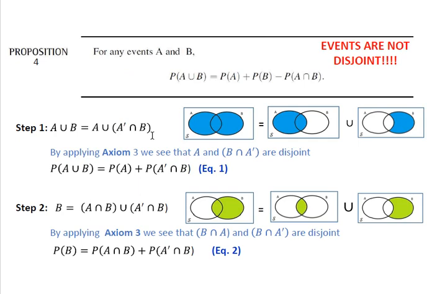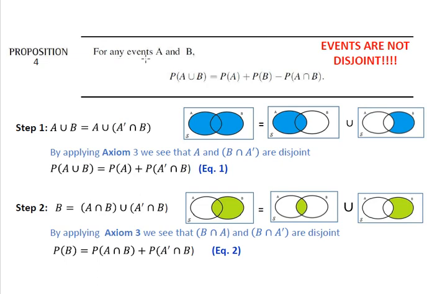And finally, proposition 4. For any events A and B, please note that here these events are not disjoint. This results from axiom 3, where we proved the result for the union of a finite collection of disjoint events, but here A and B are not disjoint.